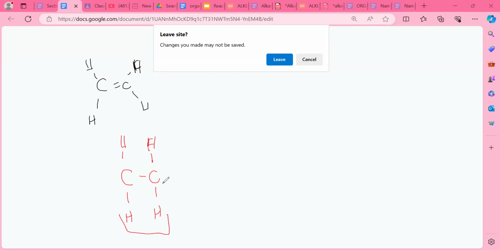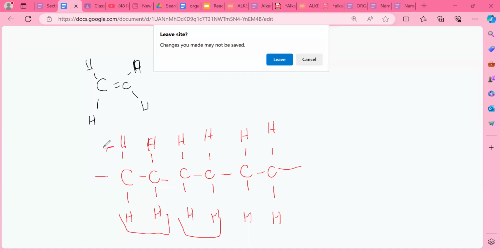This would be one monomer linked together by this, this would be another monomer, and then my third monomer unit would look like this. Because it's a partial structure, I can just do that to show that this is repeated.